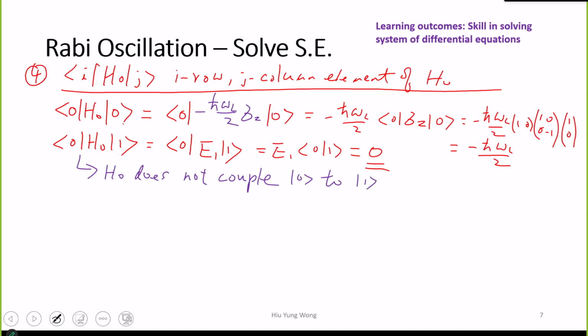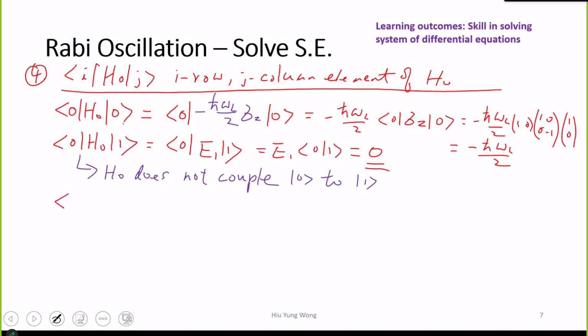Basically, it means whatever state you have, you put into this Hamiltonian, the |1⟩ state will not transfer to |0⟩, and |0⟩ won't transfer to |1⟩, vice versa. Okay? But what is interesting is this one.